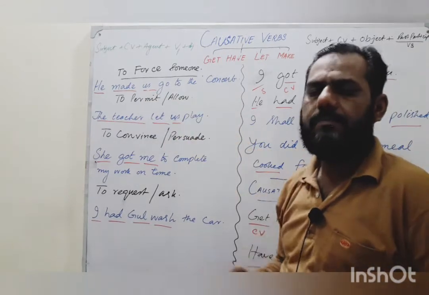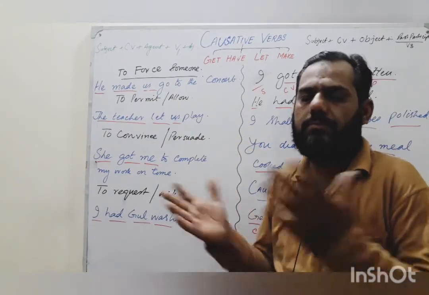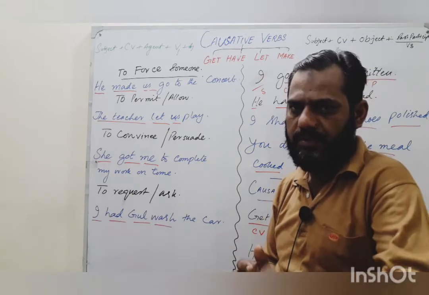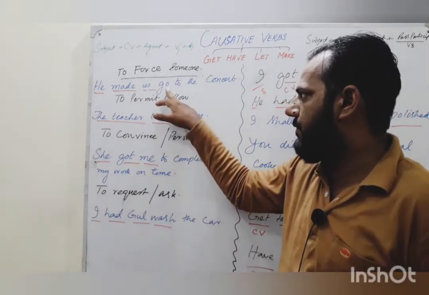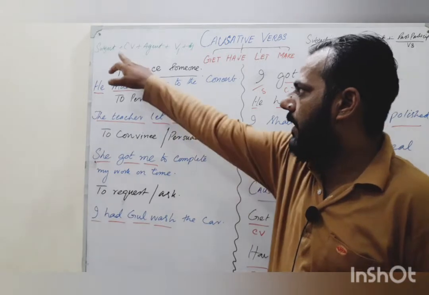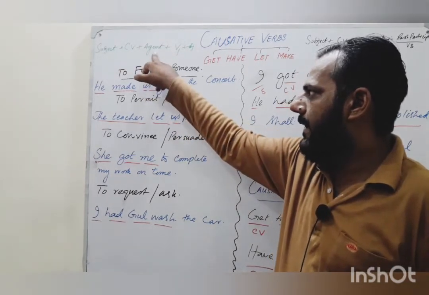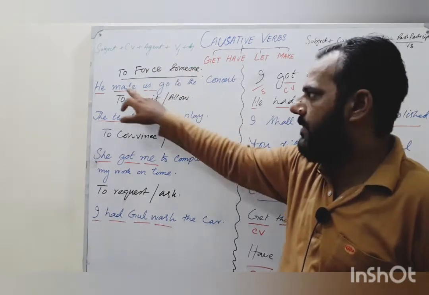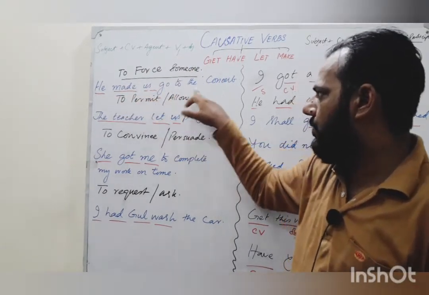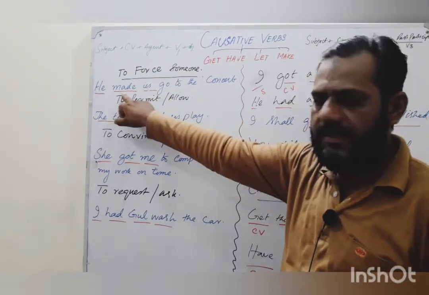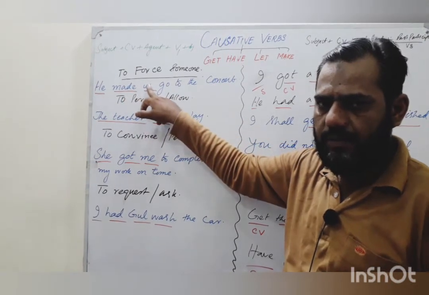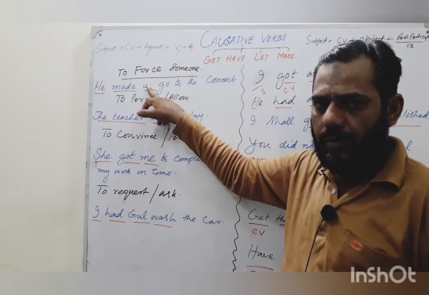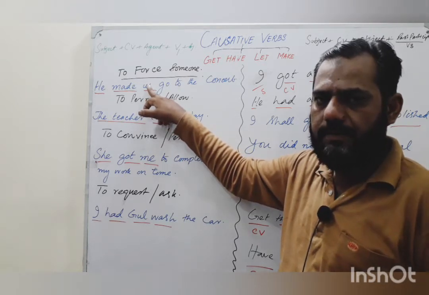Who is us? Us is a kind of second subject, you can say, but here it has been used as an object. And after that you see the first form. This is the structure. After the causative verb and the second object or second subject, we use the first form. In the sentence He made us go to the concert, He made is the causative verb, us has been used as an object, or an objective pronoun, and this is a kind of subject as well.